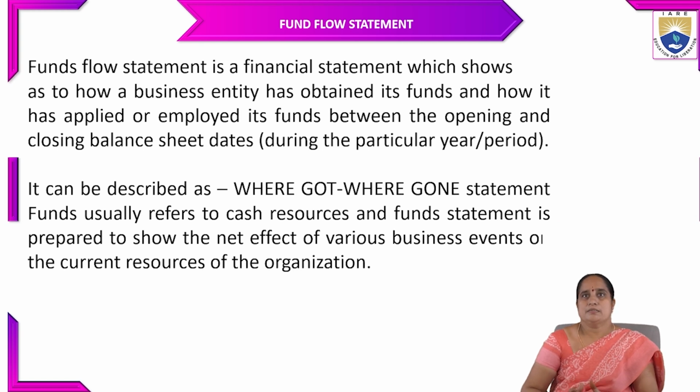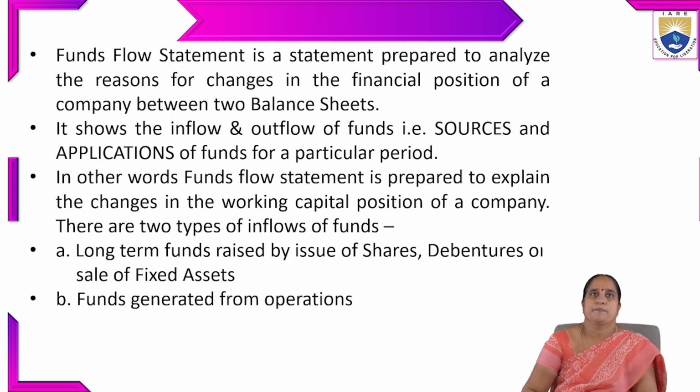Where got means from where we get the funds, and where gone represents the application of the sources of funds, how effectively we have used the funds on various business activities.